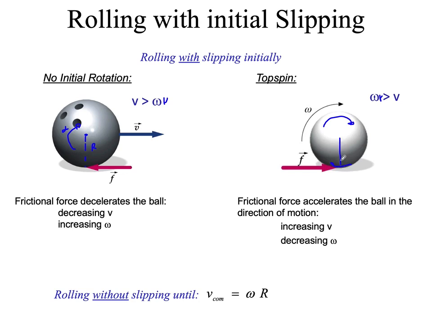It's producing a negative torque on our object, which means it's angularly accelerating it in this direction, which means this torque is decreasing omega. At the same time, this force is accelerating this object, regular acceleration, this way. So it starts gaining velocity as it loses omega. Objects roll without slipping until this equation is true, that the velocity of the center of mass is equal to the omega of the object times its radius.